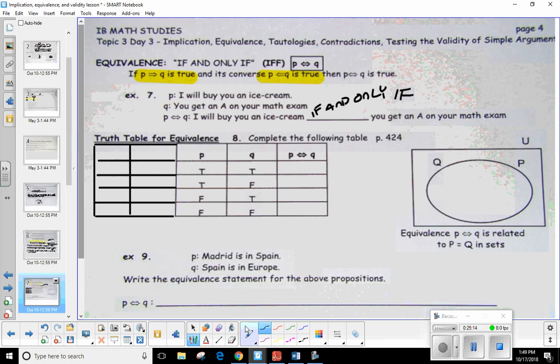So I would say P implies Q, and then Q implies P. Take about 30 seconds to fill in those two columns. Then if you're feeling ambitious, go ahead and fill in this last column, the equivalence. Let's see if we can all get on the same page.